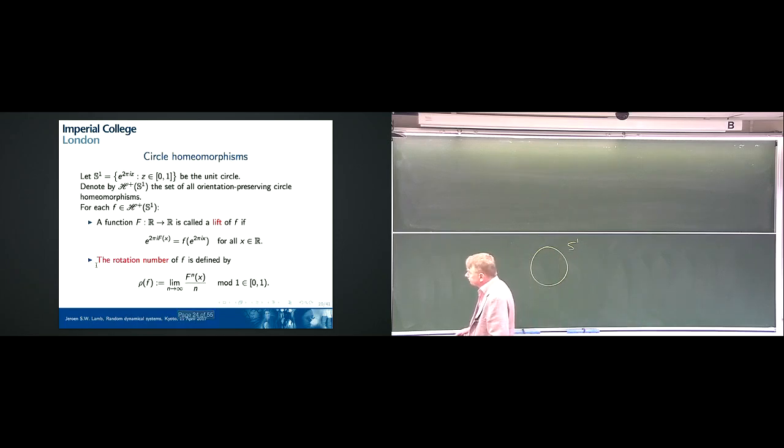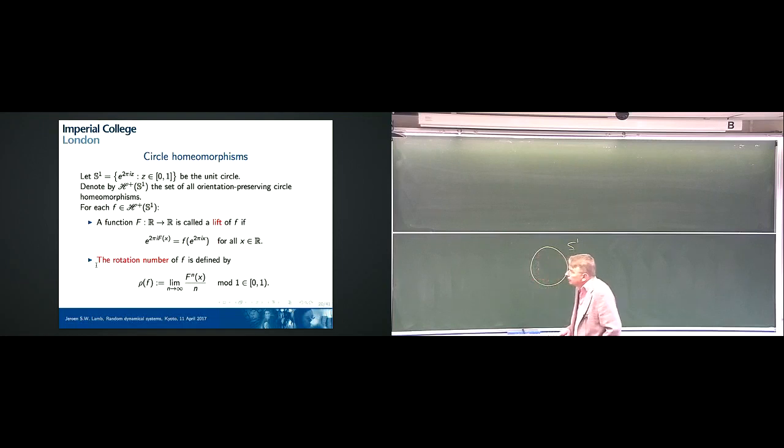The question is, what kind of dynamics can you have for maps that map the circle to itself? This is one of the most elementary questions in dynamics, very well studied, together with transformations of the interval as a one-dimensional dynamical system.